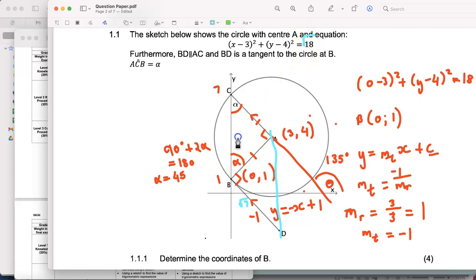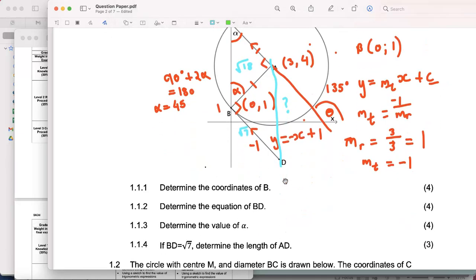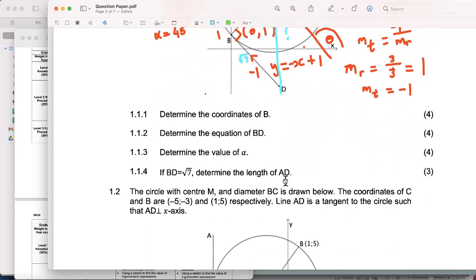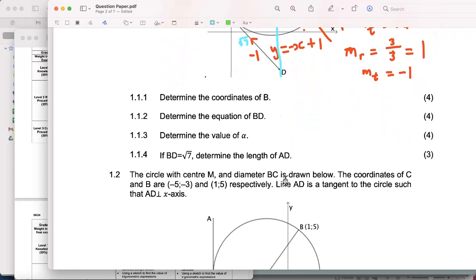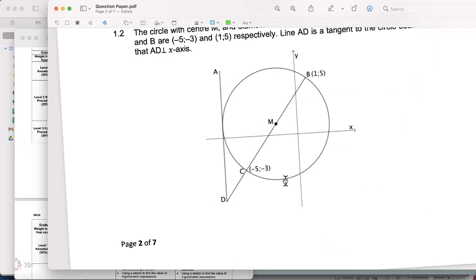So this is the square root of 18. Then you just use Pythagoras to work out this length. It was really not complicated, but that was a problem-solving question, where you didn't necessarily know exactly what the next step is to do, but not difficult to get those marks.